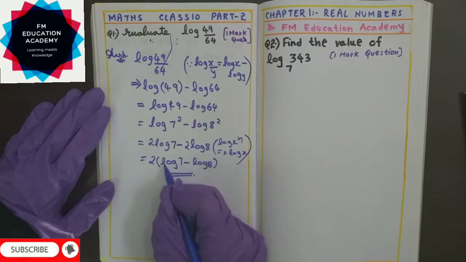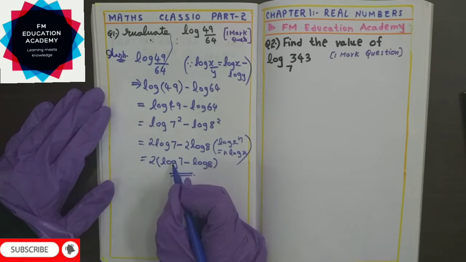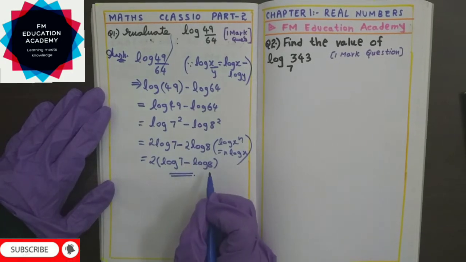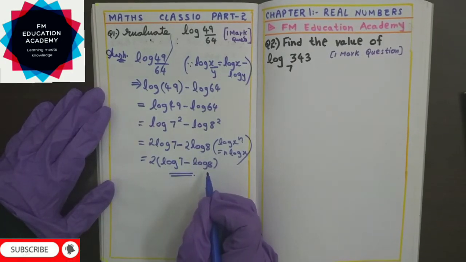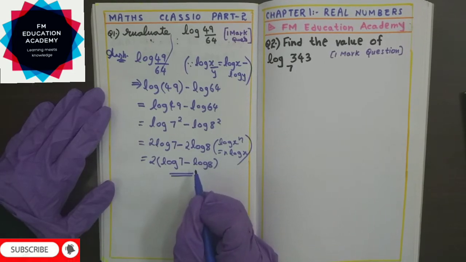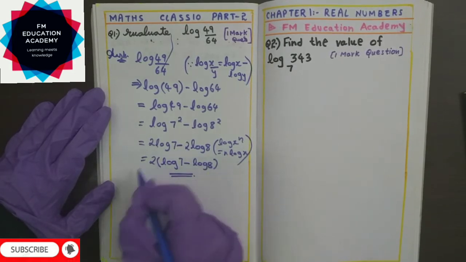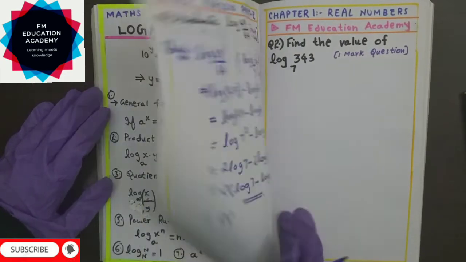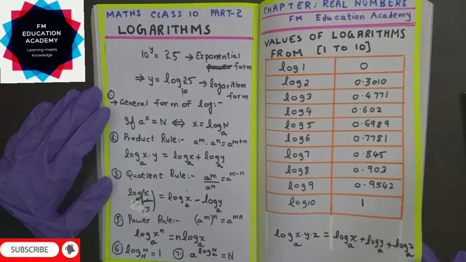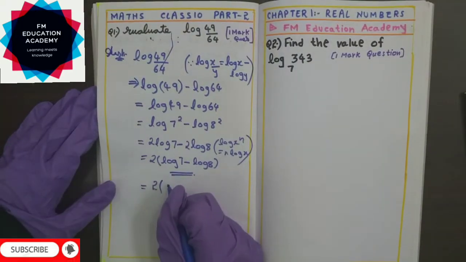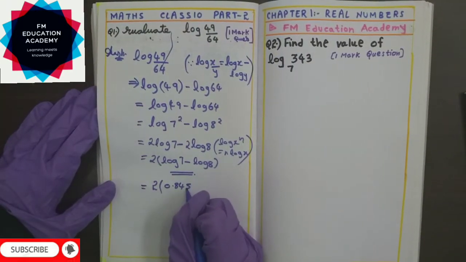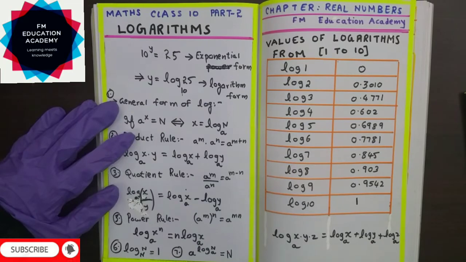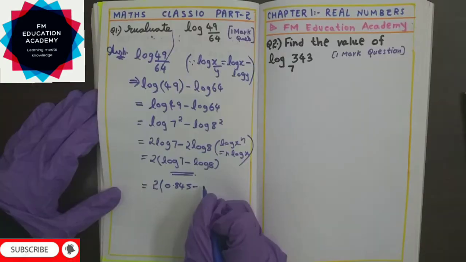If you want, you can write the value of log 7 and find out the value, in case in an exam it asks in multiple choice questions and gives a number. Then you can do more steps. Like we know 2 into log 7 value is 0.845, minus log 8 value is 0.903.